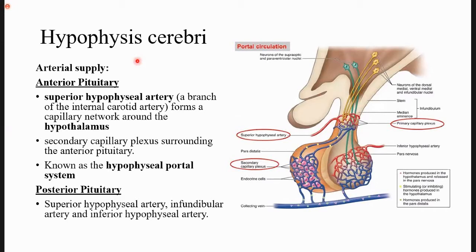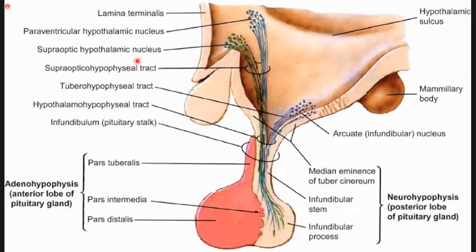Activities you can predict by the hormones which are released from these areas. For example, from the posterior side, oxytocin is released into the circulation, and that oxytocin is for the contraction of the uterus during parturition, and it is also useful during lactation.